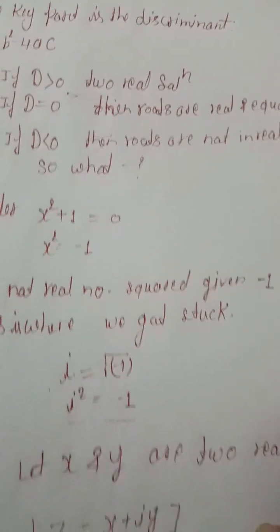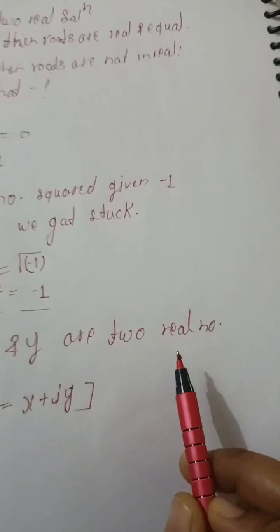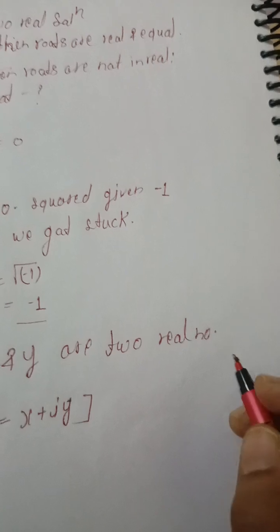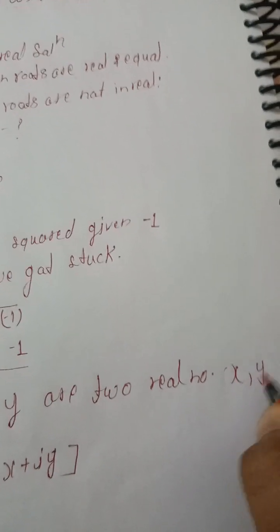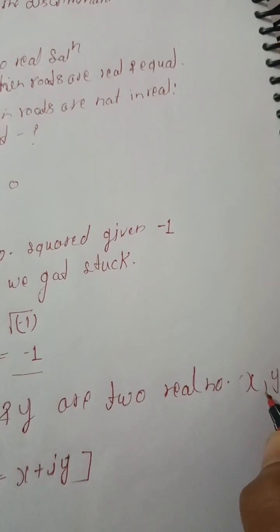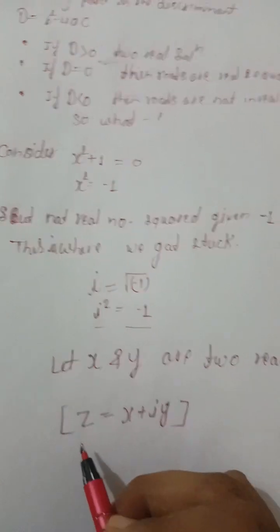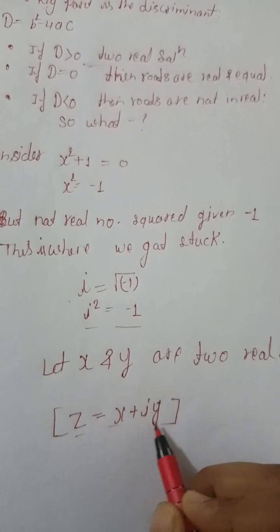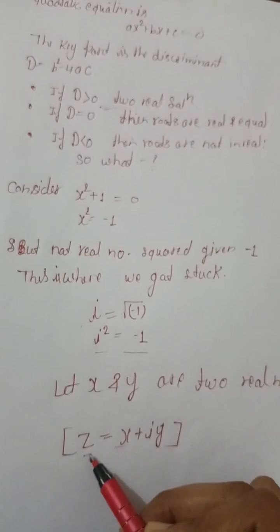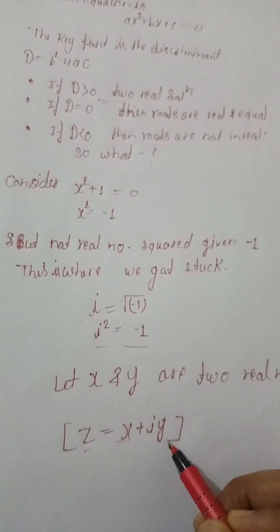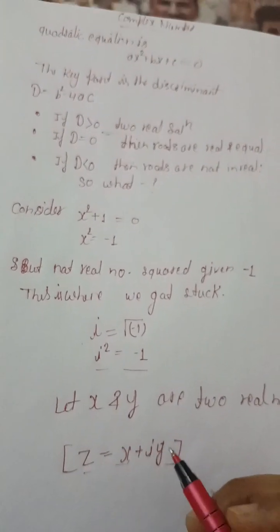And for a complex number, let x and y be two real numbers, then the set of ordered pairs, like x and y, are called the system of complex numbers, and it is written as z equal to x plus iy. So we can represent it where x and y are real numbers. So it is the system of complex numbers.